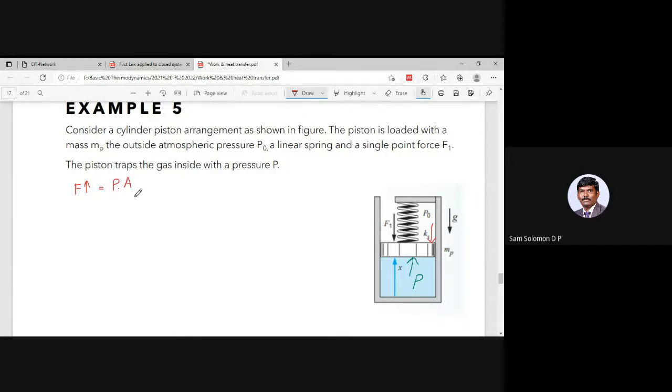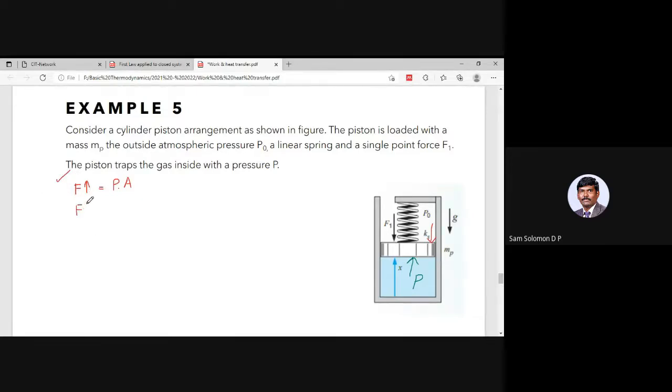I'm just talking about the upward force. So the upward force is contributed by the pressure exerted by gas on the piston, and when we say it is force, it is pressure into area. So this is the pressure, and it is the area of the piston. That is the upward force.